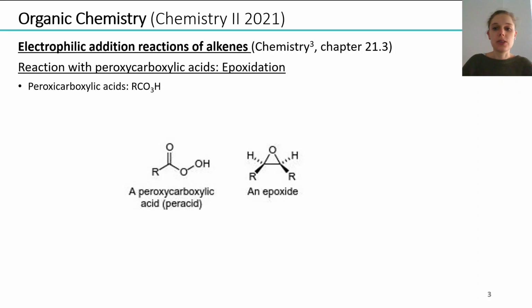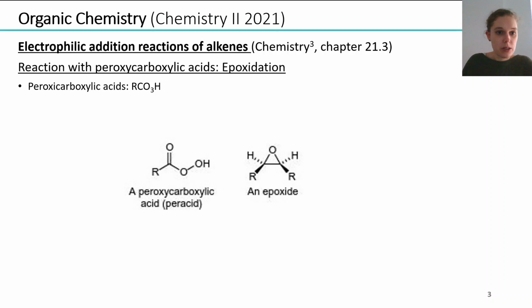Today we want to have a closer look at the reaction between peroxycarboxylic acids and alkenes, and this type of reaction is also called an epoxidation reaction. Before we can start with the reaction mechanism, we need to understand what a peroxycarboxylic acid is. Characteristic for it is the oxygen atom between the carbonyl and the hydroxide group.